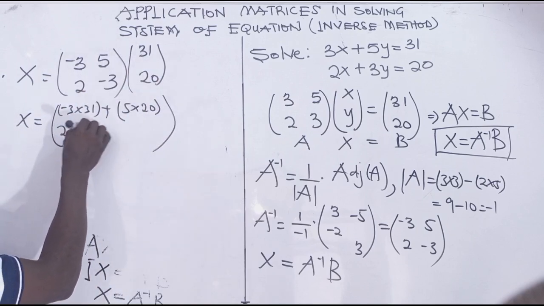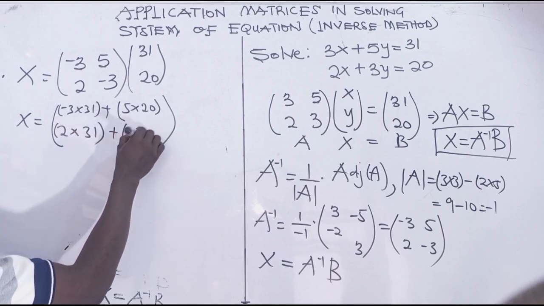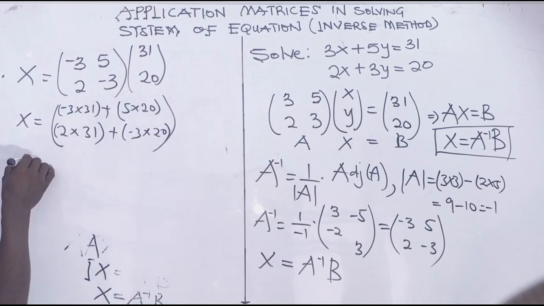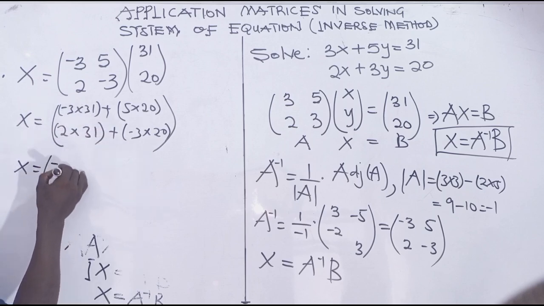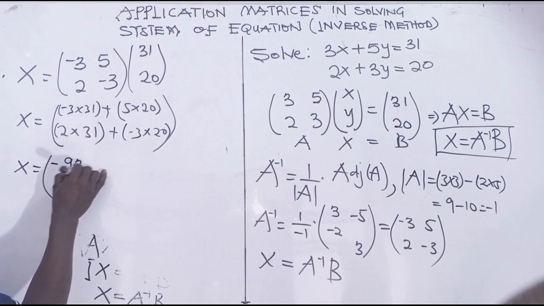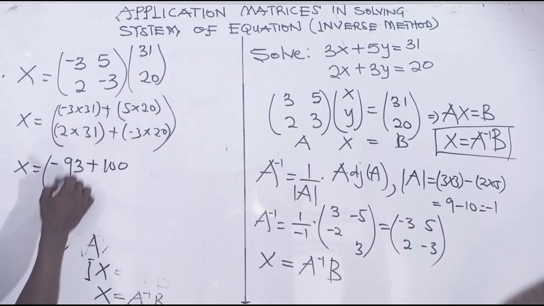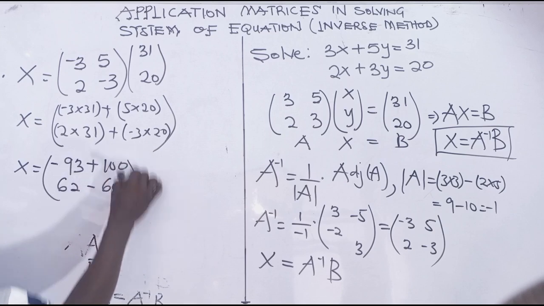We have 2 times 31 plus negative 3 times 20. So this will give us minus 93 plus 100, 62 minus 60.